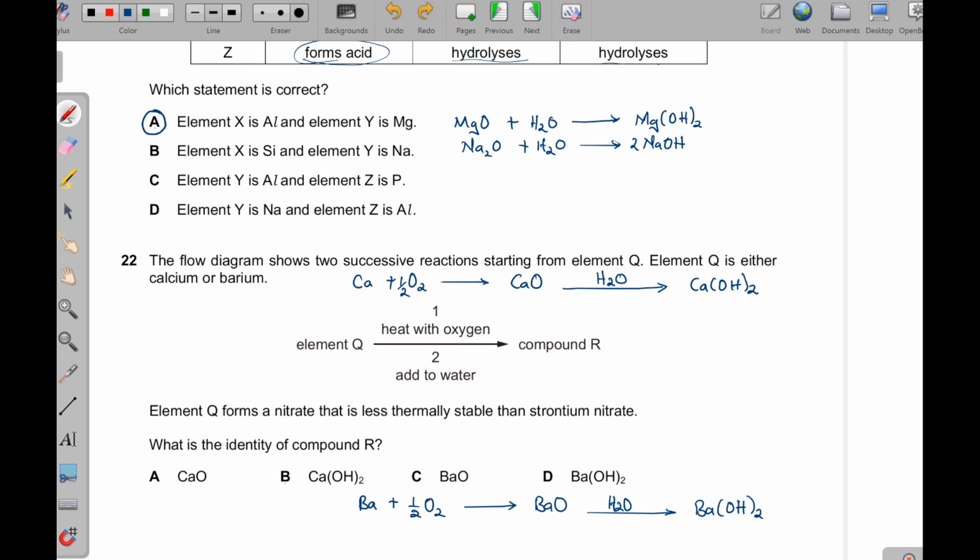So that means if element Q forms a nitrate that is less thermally stable than strontium nitrate, then Q has to be above strontium. So if I take magnesium here, then I have calcium, then we have strontium, barium is below. You see that? So this barium here is if I can put on the nitrate.